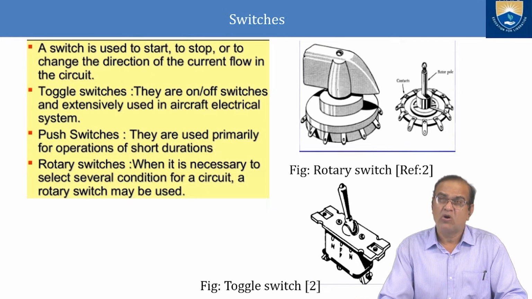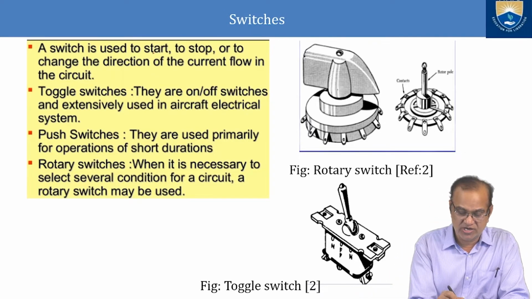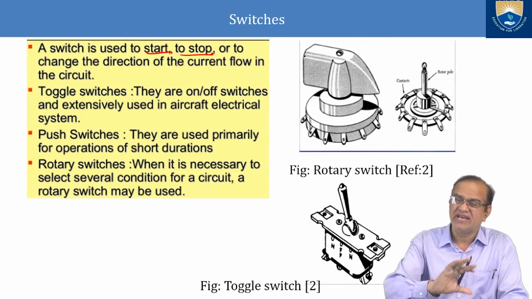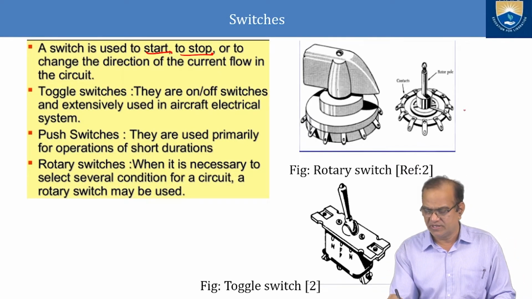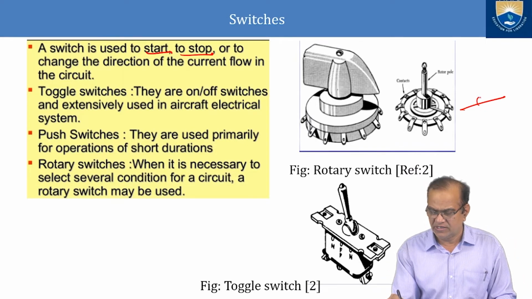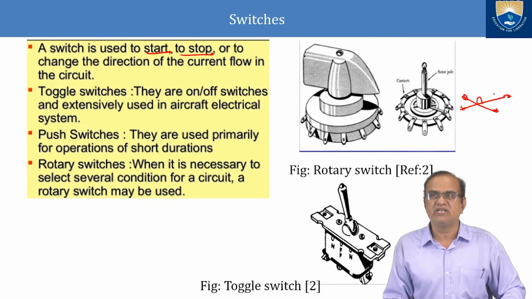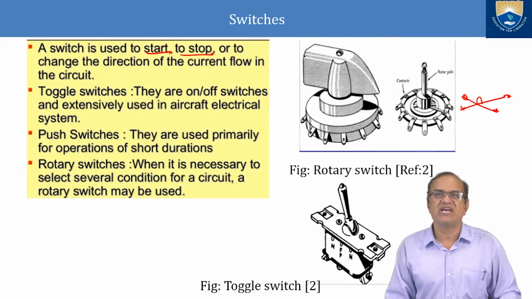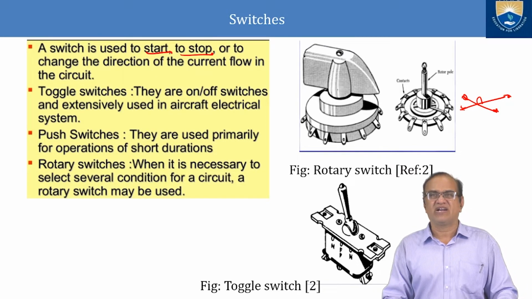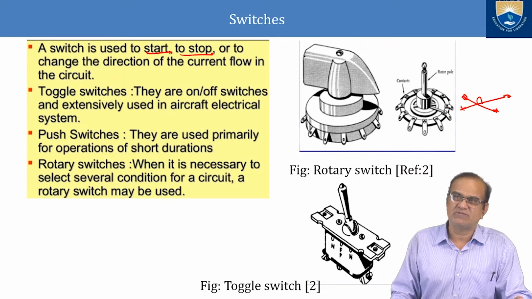So what is the purpose? Either it can start, it can stop, or it can change the direction from here to here or here to here. So that is the purpose of the switch.